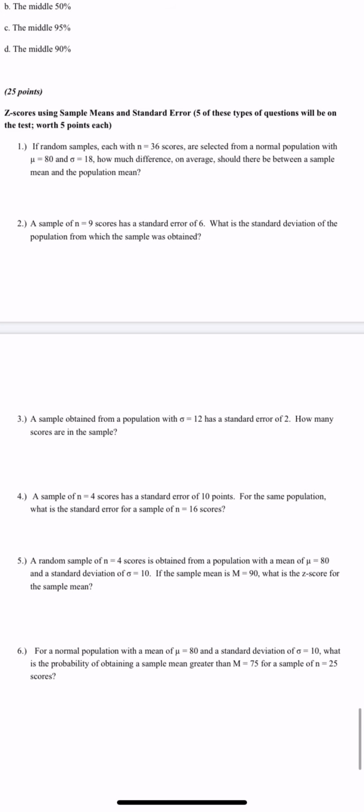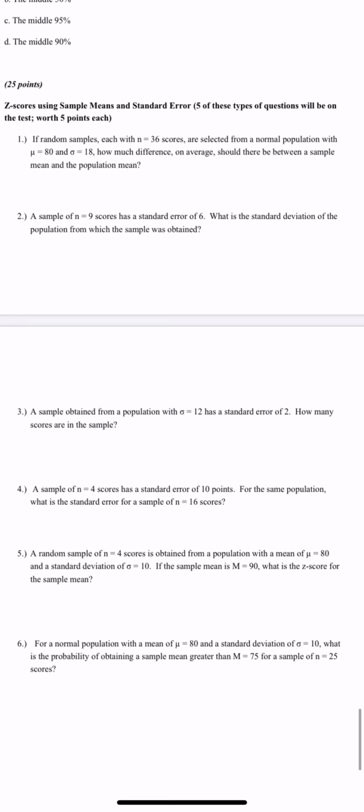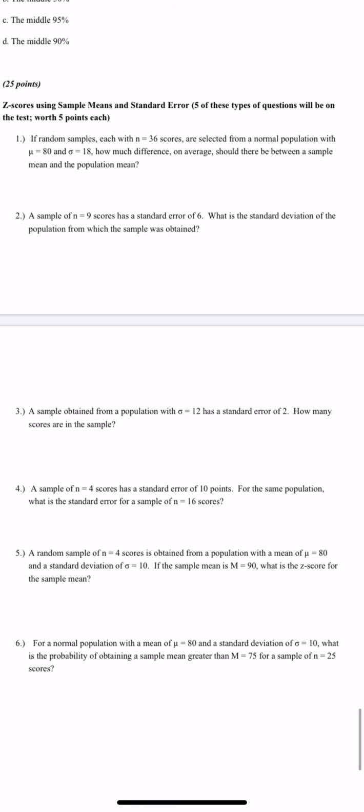So if random samples, each with n equals 36 scores, are selected from a normal population with a mu of 80 and a standard deviation of 18, how much difference on average should there be between a sample mean and the population mean? When you see that, how much different on average should there be between a sample mean and a population mean, that's another way to describe the standard error.